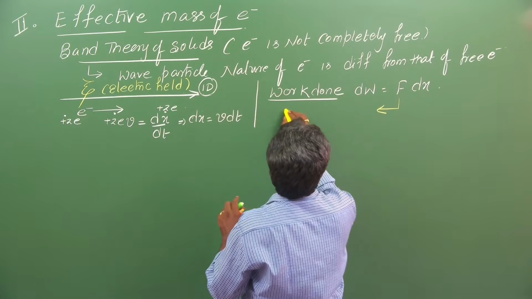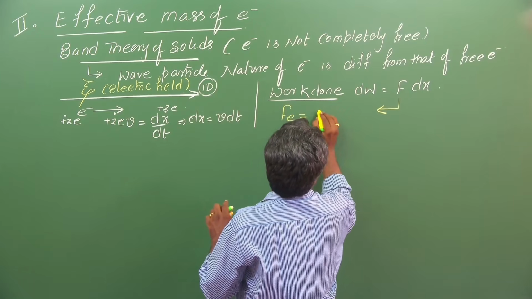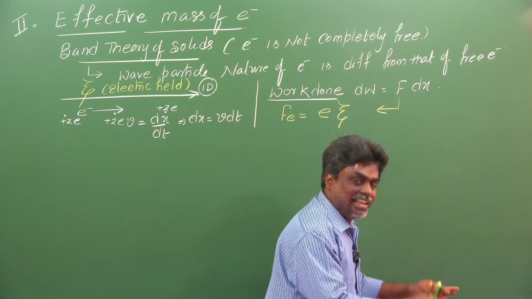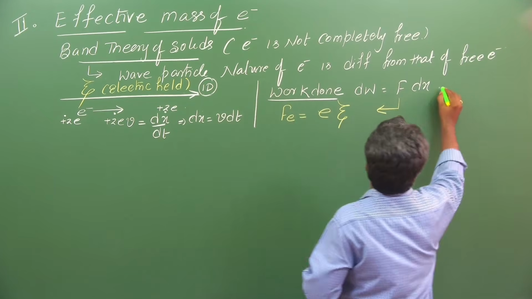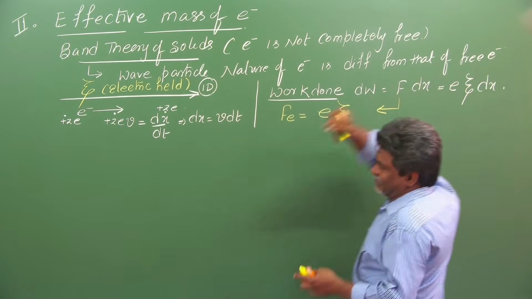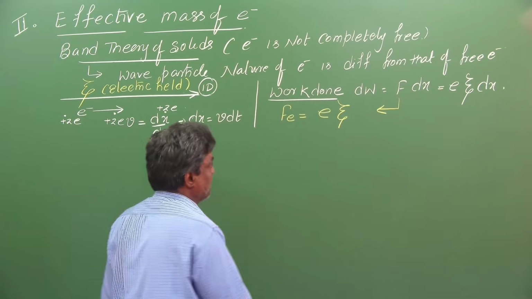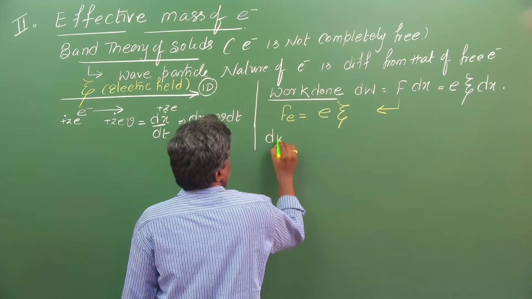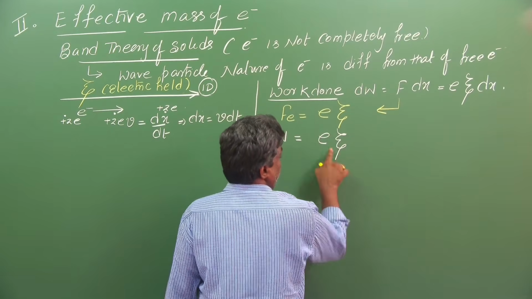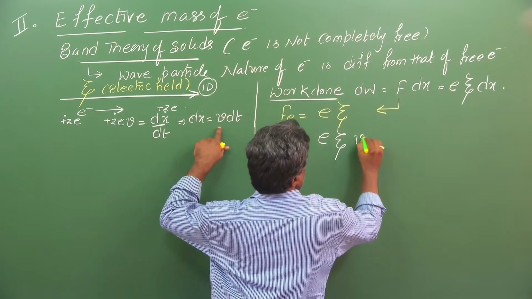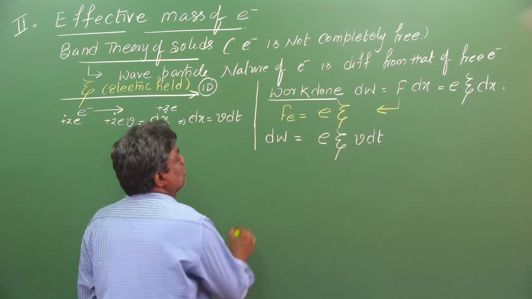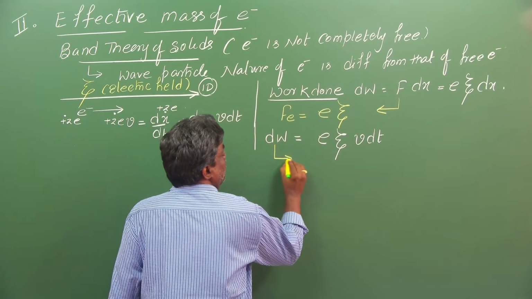Force acting on the electron, that is the electric field E, so F dx is nothing but E dx. This is the amount of work done. Finally, this is E, of course the electric field, and dx is v dt.